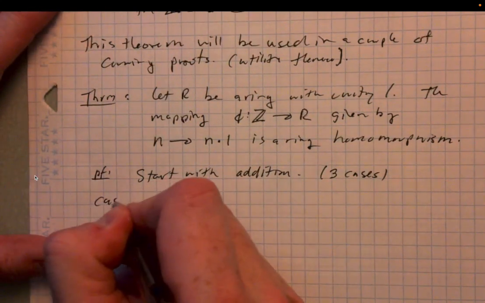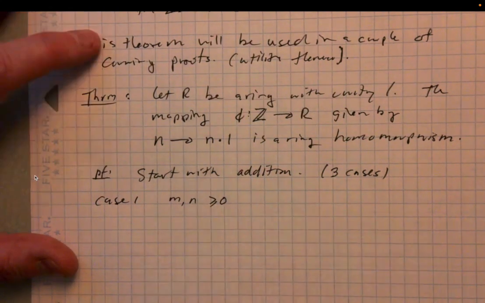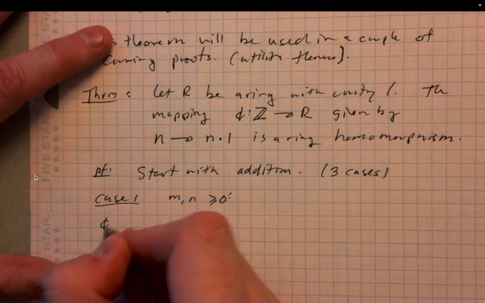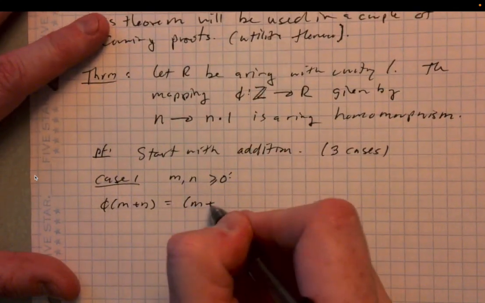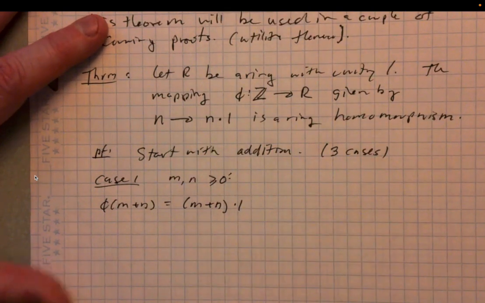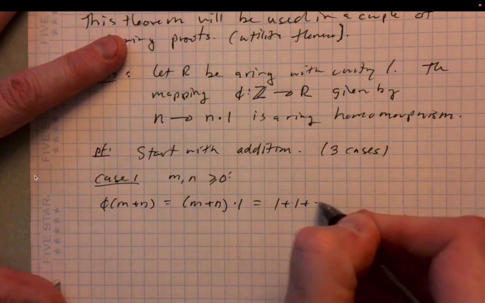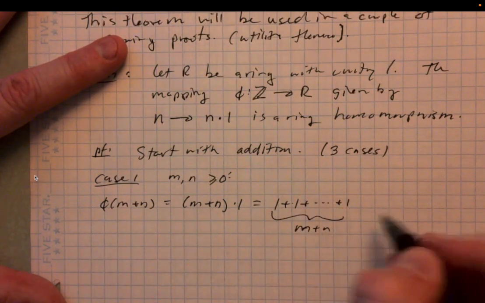So case 1, m and n are both greater than or equal to 0. So phi of m plus n equals, well, it's just (m plus n) times unity. And so that's just equal to 1 plus 1 plus dot dot dot plus 1, how many of them? m plus n.